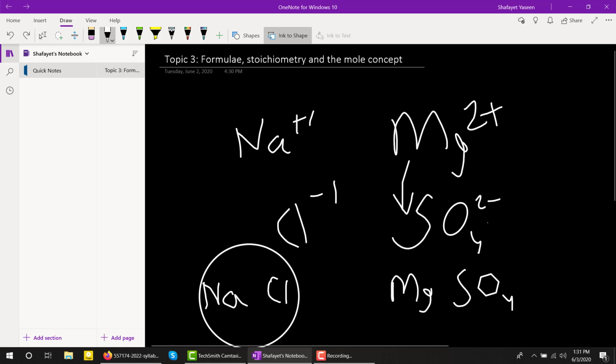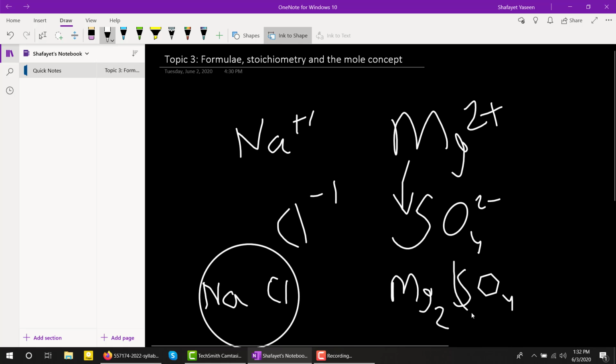Anyways, just write down the components of the compound and then cross multiply the charges. So on top of magnesium we have 2 plus, so basically 2. On top of sulfate we have 2 as well. So we'll cross multiply. It'll become Mg2 from the top of sulfate, and from the top of magnesium the 2 will come to the base of sulfate.